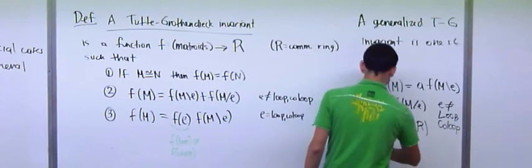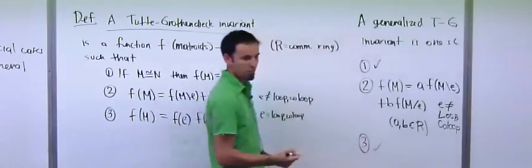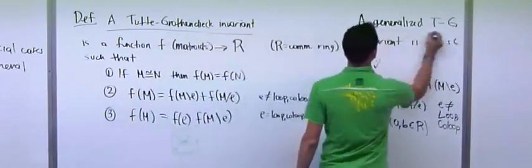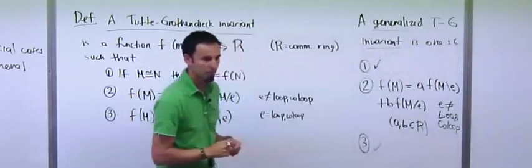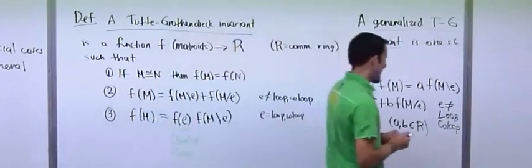And then the third property should be the same. So generalized just means you can put constants in the front. Okay?